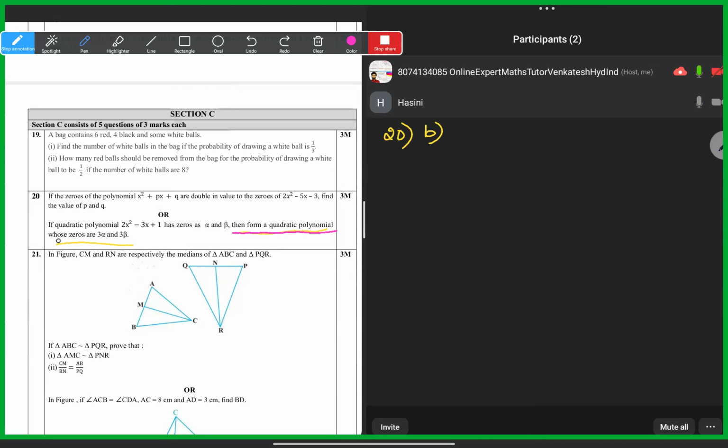Then form a quadratic polynomial whose zeros are 3 alpha and 3 beta. We know the formula already.